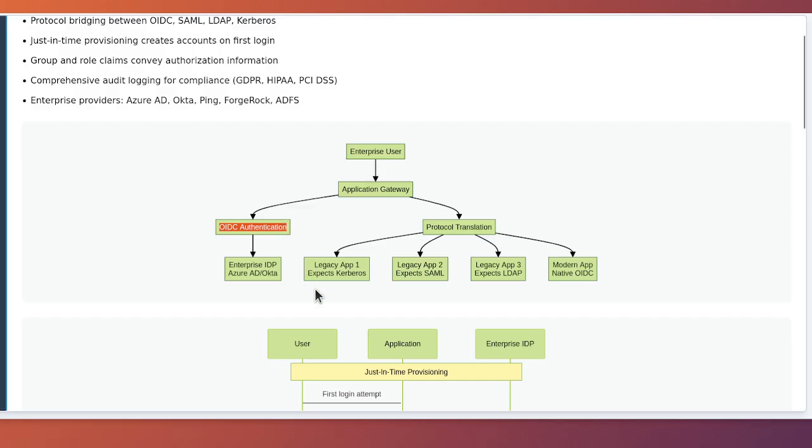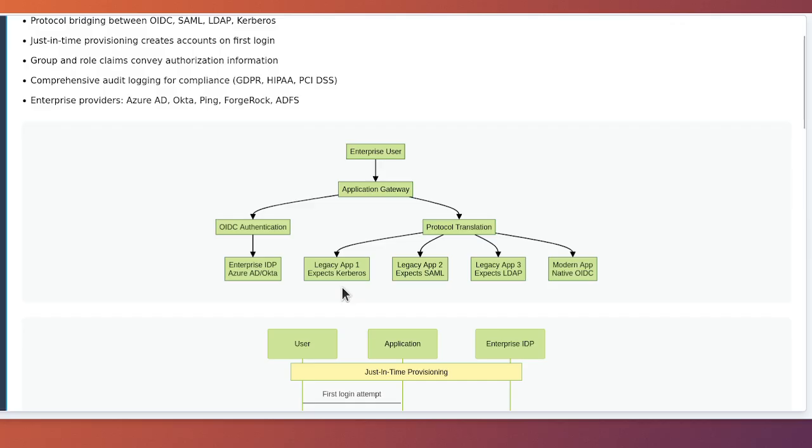Reverse proxy authentication places a proxy server in front of the legacy application that handles OpenID Connect authentication and then forwards requests to the application with traditional authentication headers like HTTP Basic or Kerberos tickets. The legacy application sees only the traditional authentication it expects, while users benefit from modern single sign-on.